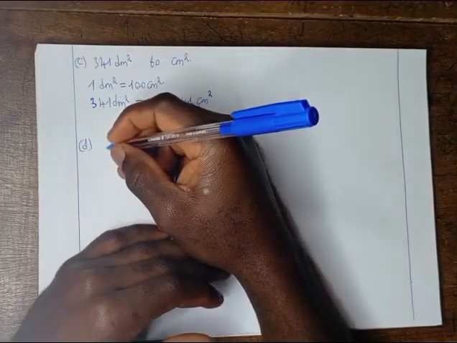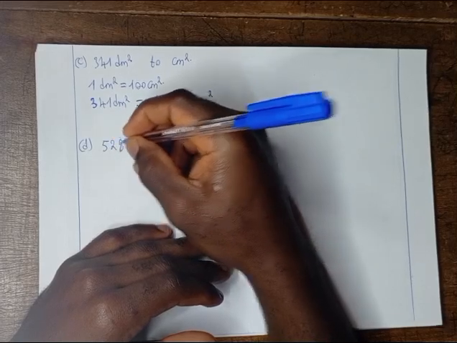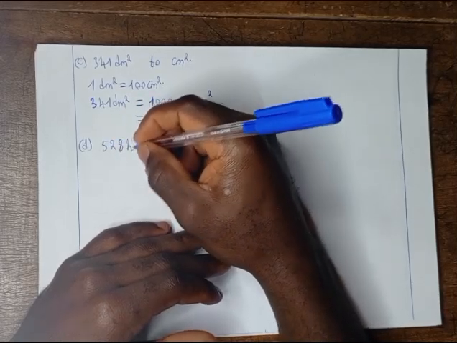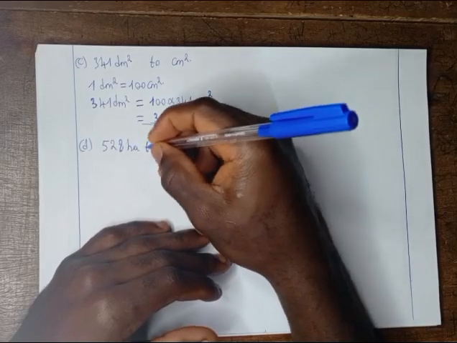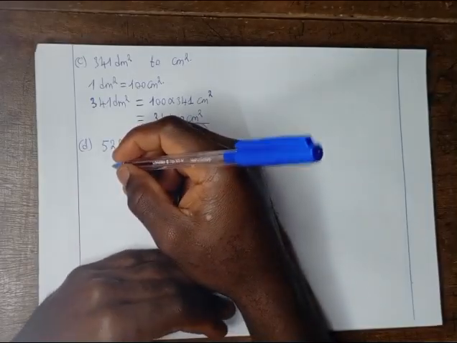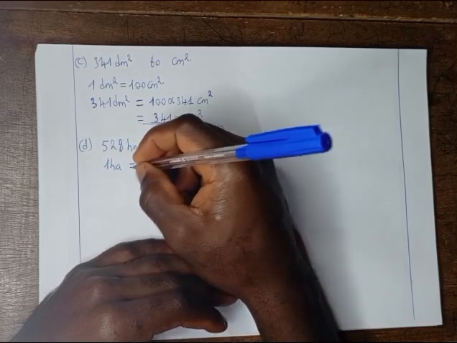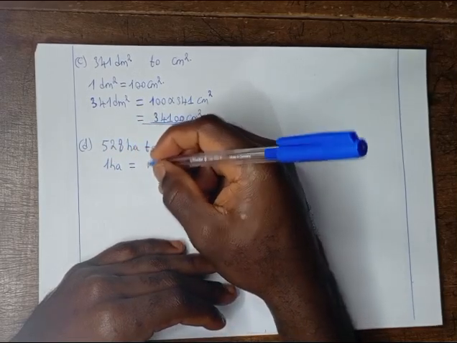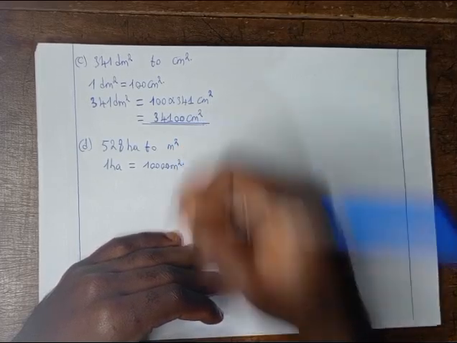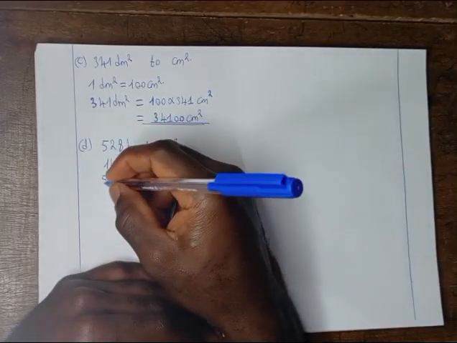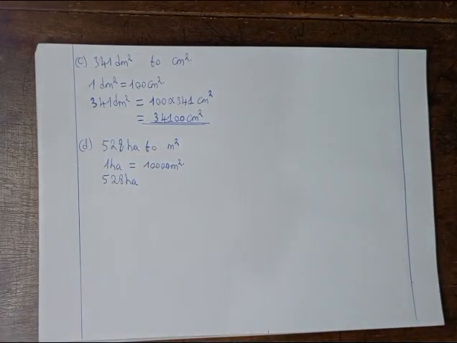For D, we have to convert 528 hectares to meters squared. First, we know that 1 hectare is equal to 10,000 square meters. So for us to convert 528 hectares to meters squared, it will be large.